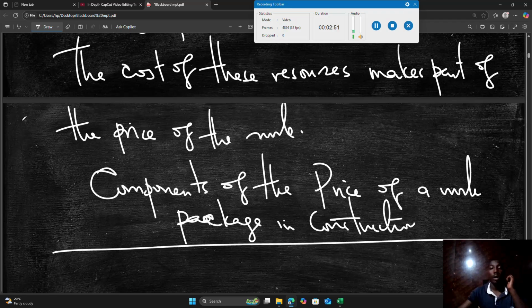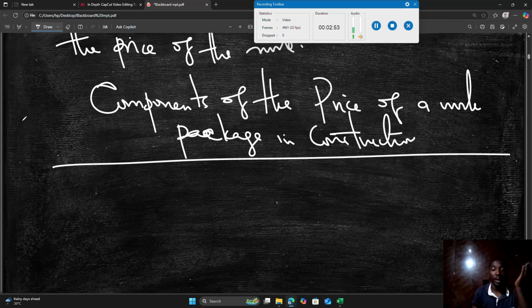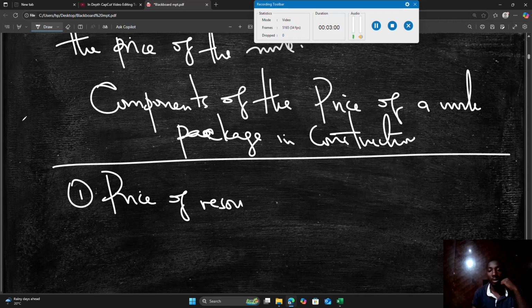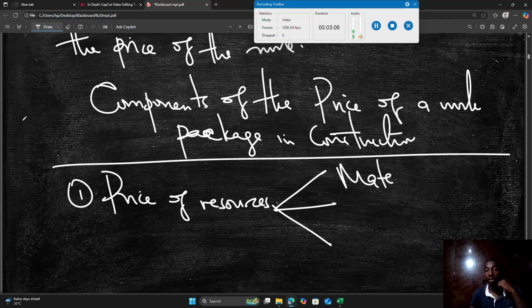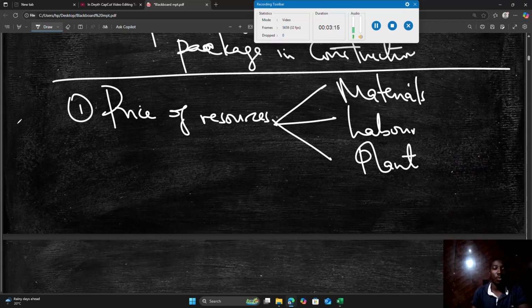So the price of a work package involves, one, the price of resources. Now the resources are divided into three. We have materials, labor, and plant. Then followed by two, the contractor's overhead.